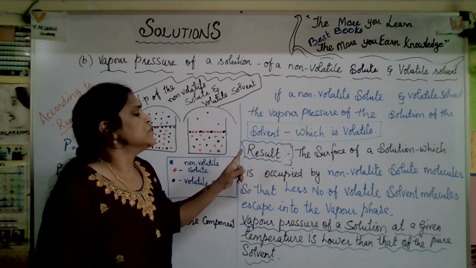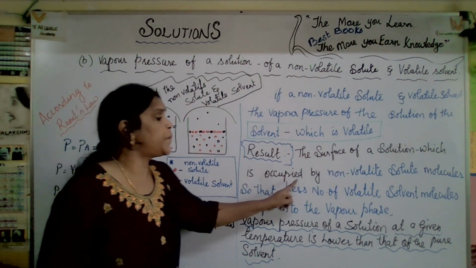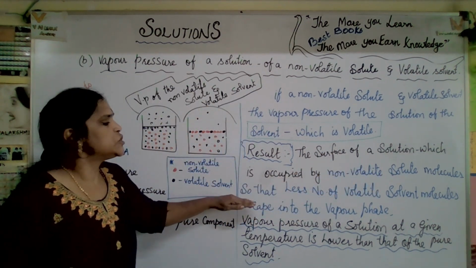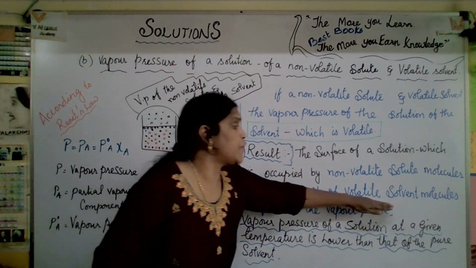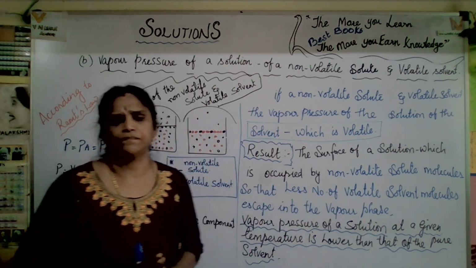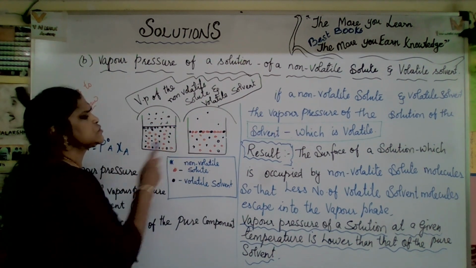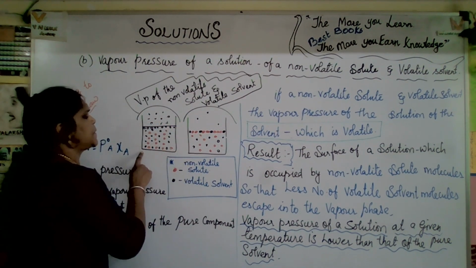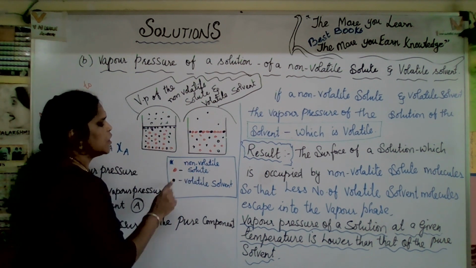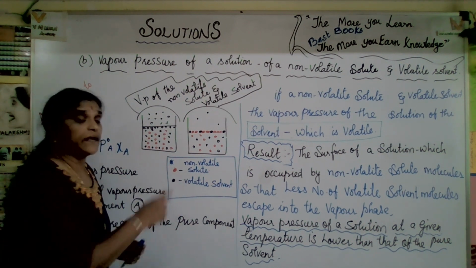Now, what will be the result? The surface of the solution is occupied by non-volatile solute molecules, so a lesser number of volatile solvent molecules escape into the vapor phase. Just watch these two pictures. In the first picture, the red dots are the non-volatile solute and the black dots are the volatile solvent.